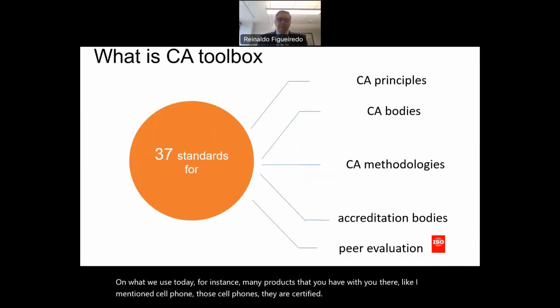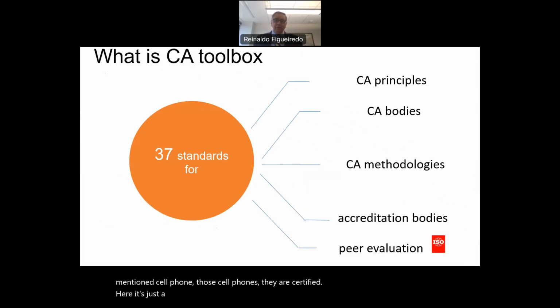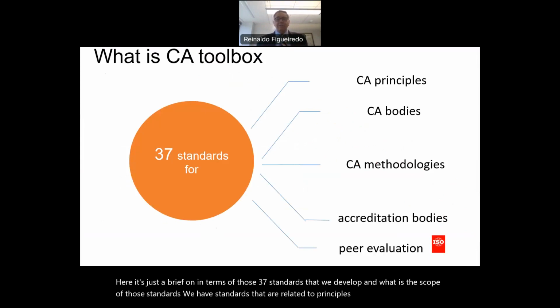Here is just a brief on those 37 standards that we develop, and what the scope of those standards is. We have standards that are related to principles of conformity assessment. Other standards define requirements for competence and impartiality of conformity assessment bodies, which we call certification bodies.